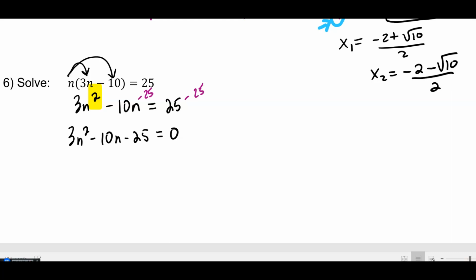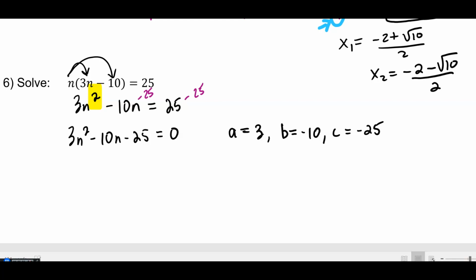again, you could use other methods to solve the quadratic equation. On this one in particular, you definitely could have factored this one to get the solution if you prefer factoring, because this is a factorable trinomial. However, let's practice using the quadratic formula. So a here is 3, b equals negative 10, and c equals negative 25.